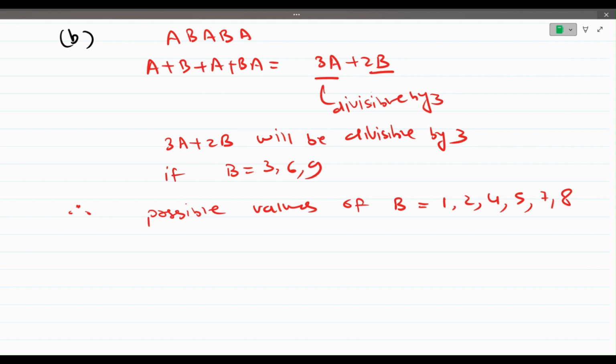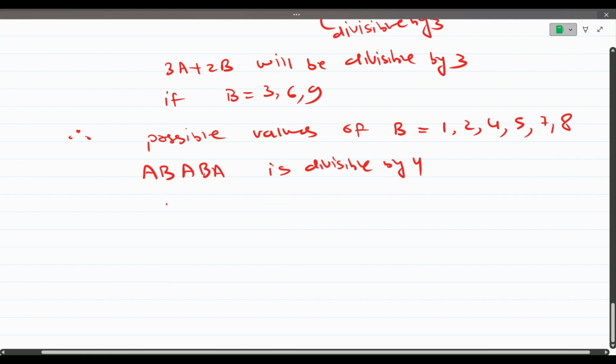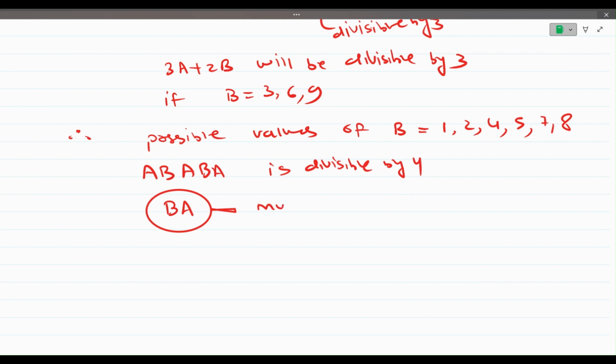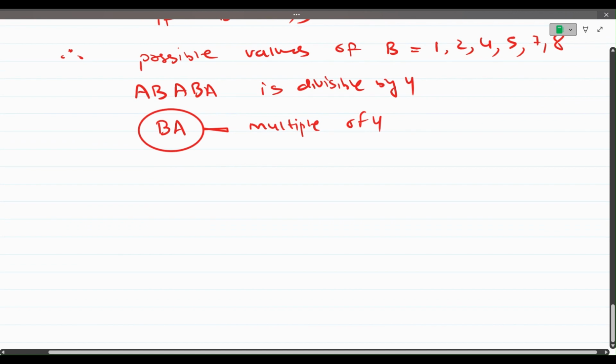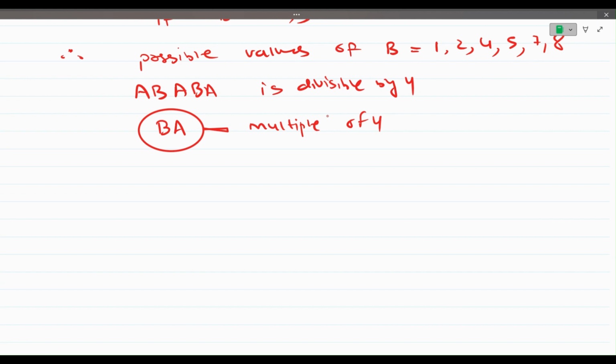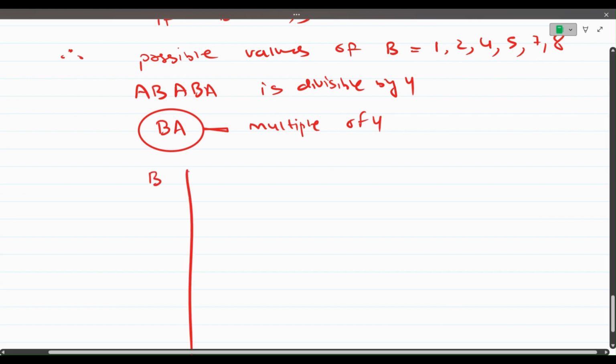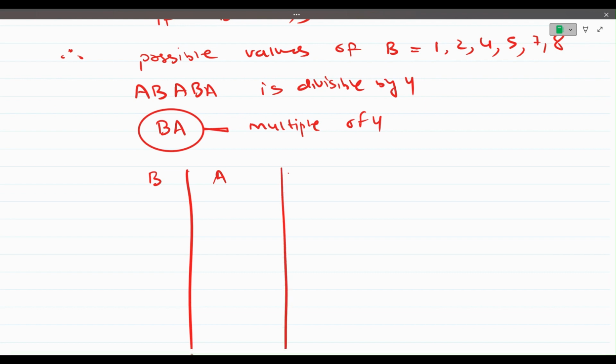Now we know that ABA is divisible by 4, and according to the divisibility test of 4, BA should be a multiple of 4. Okay, so we make the possibilities.